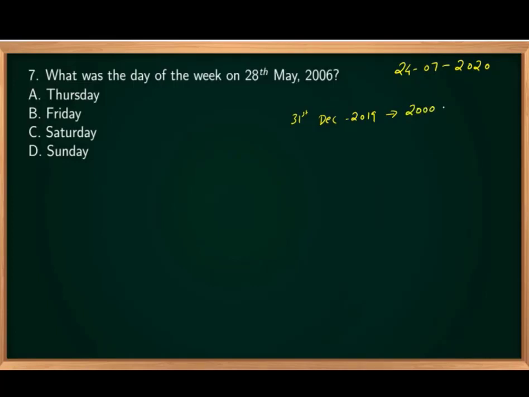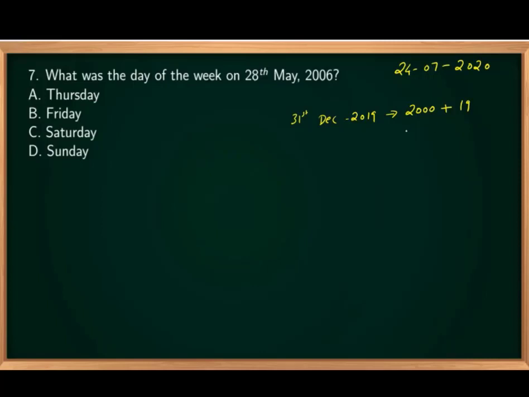That means 2000 plus 19. Again, in this 19 years, how many leap years will be there? Type your answer. 4, obviously 4. 19 divided by 4, 16. So 4.